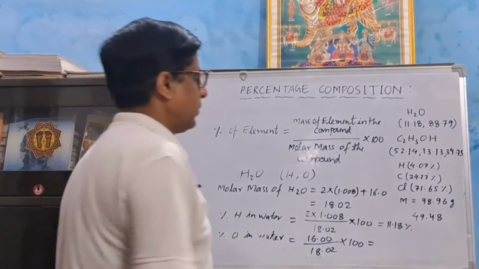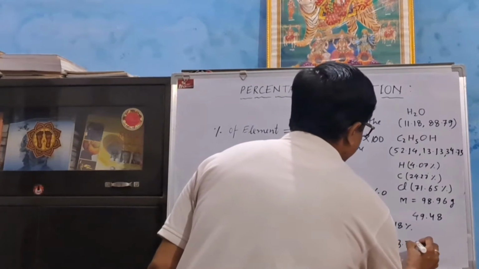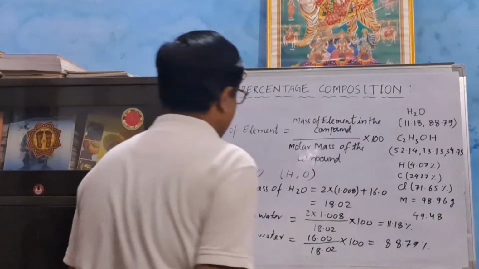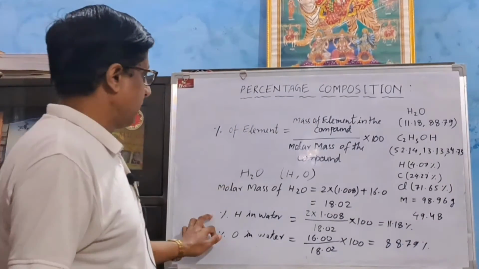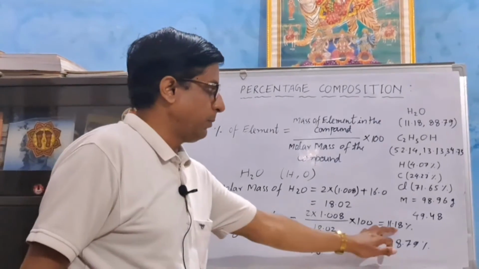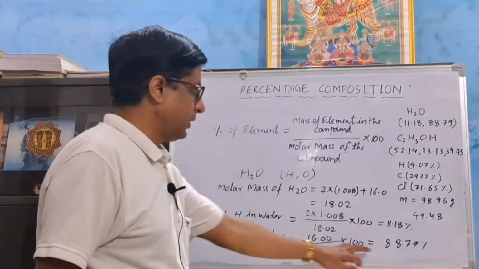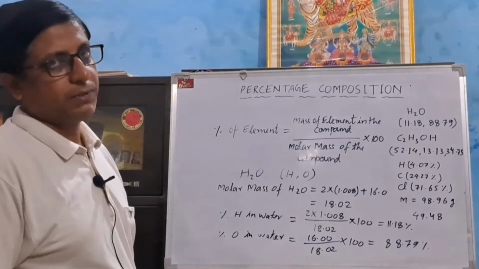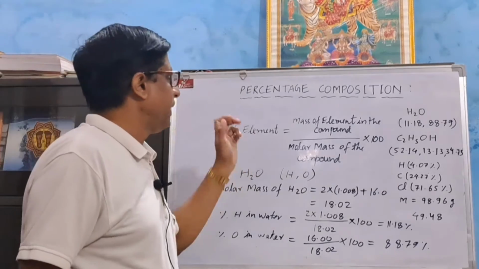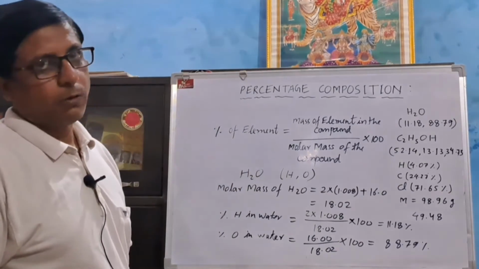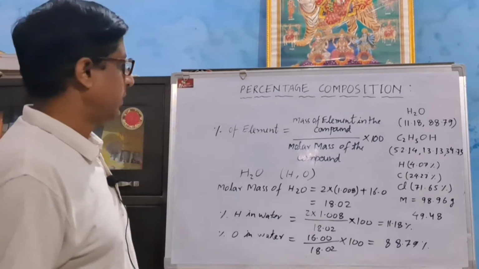This comes out to be 88.79%. So we see that in case of water, the percentage of hydrogen is 11.18%, while the percentage of oxygen in water is 88.79%. So by using this formula, we can determine the percentage of each element present in a compound.